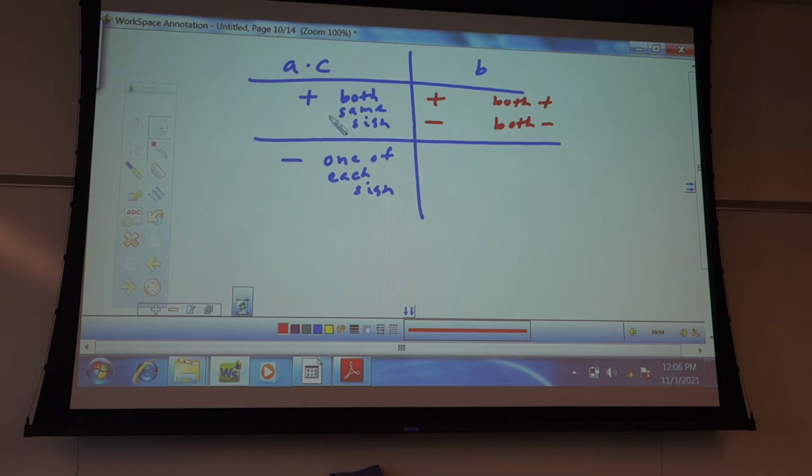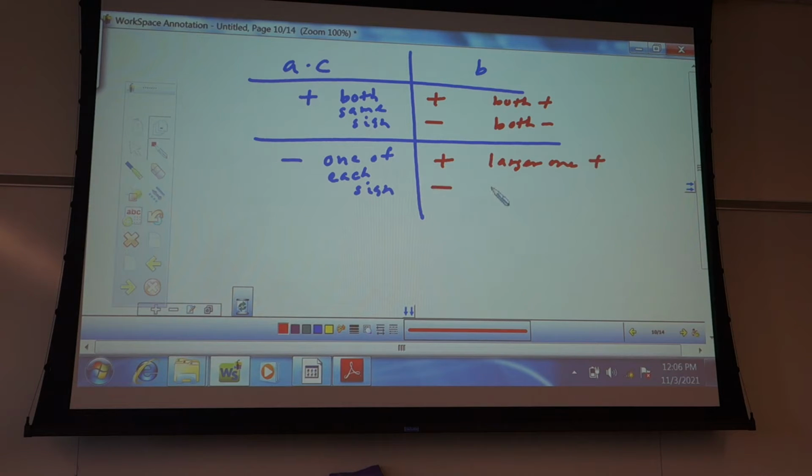Well, if your A is positive and your B is positive, that means they're both positive. If your A is positive and your B is negative, that means they're both negative. Is everyone all right with that? Okay. Now, if your AC is negative, I don't know if I need to do this. If it's positive, that means the larger one is positive.